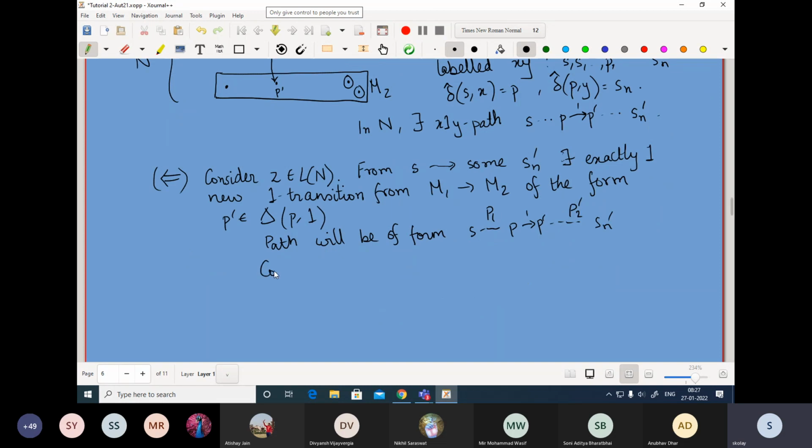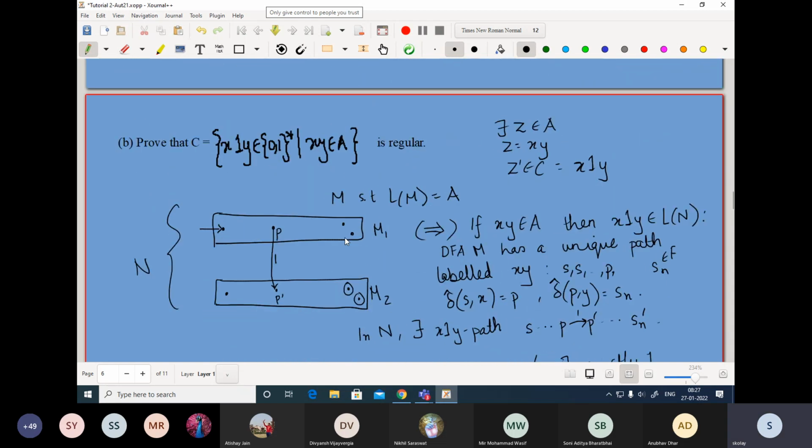So now consider P1 concatenated with P2. This is a path labeled by xy in M1. So therefore, xy belongs to A. Okay, good. So any questions regarding the proof?